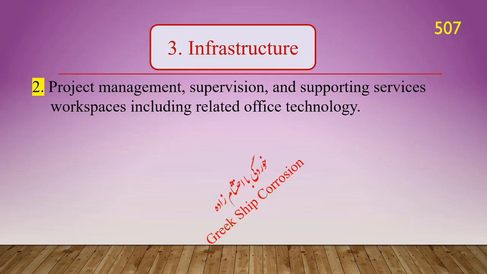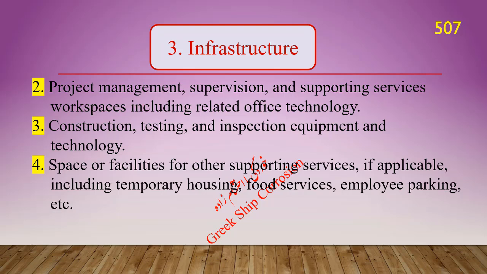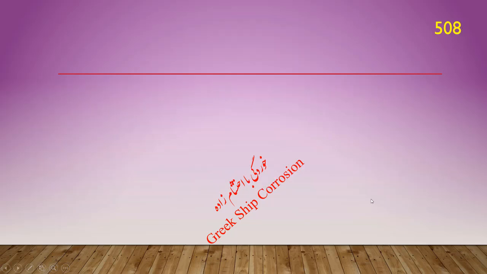Project management, supervision, and supporting services workspaces, including related office technology. 3. Construction, testing, and inspection equipment and technology. 4. Space or facilities for other supporting services, if applicable, including temporary housing, food services, employee parking, etc.